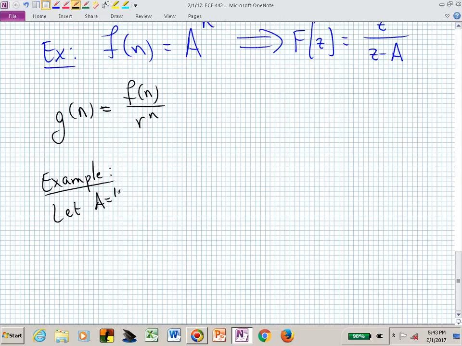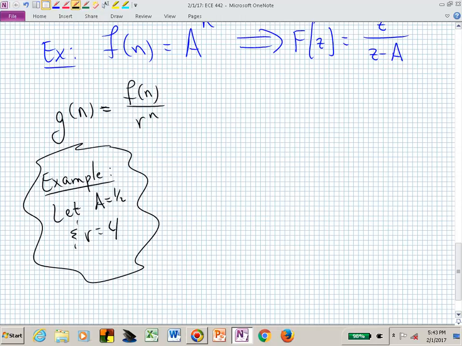I've been saying let a equal 1/2, and let r equal, let me make it something that's easier to think about, let's make r equal to 4. If you plug in r equal to 4, g of n is now just a over 4, that quantity raised to the n. So if a was 1/2 before, now that whole thing is 1/2 divided by 4, or 1/8. And you should see that that's now collapsing even faster.